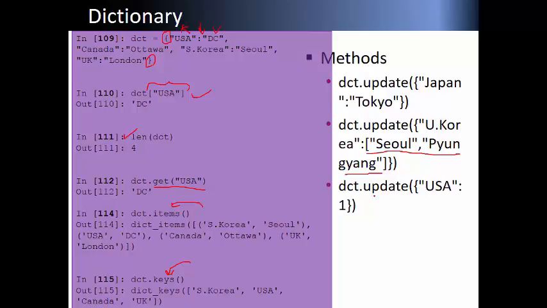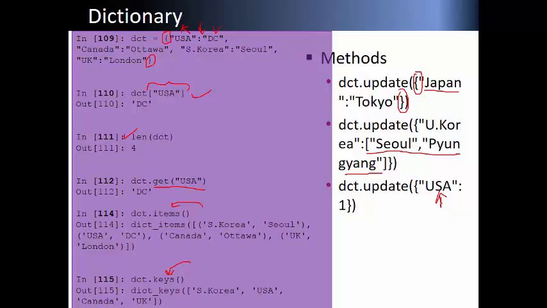If you update a dictionary with a key that is never available in it, then it is added to that dictionary.